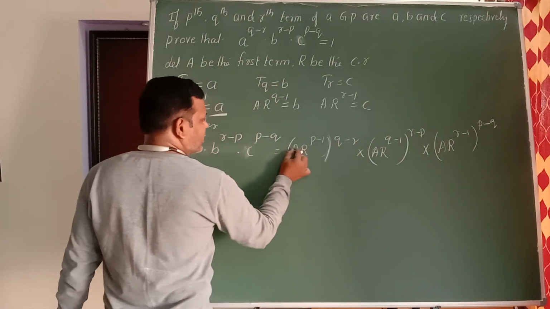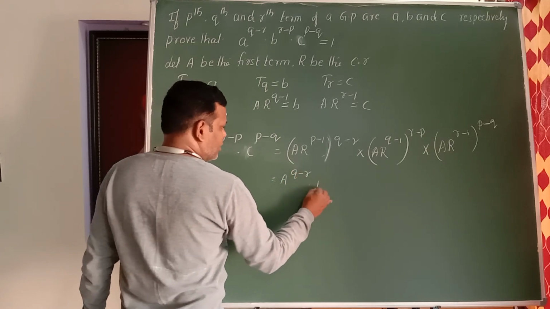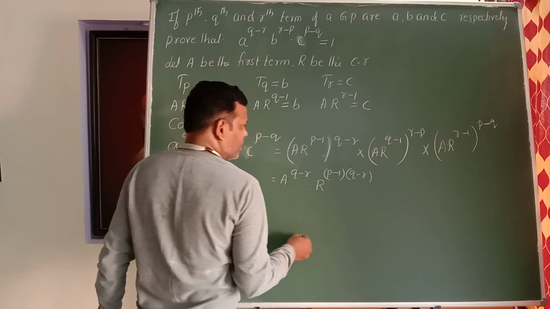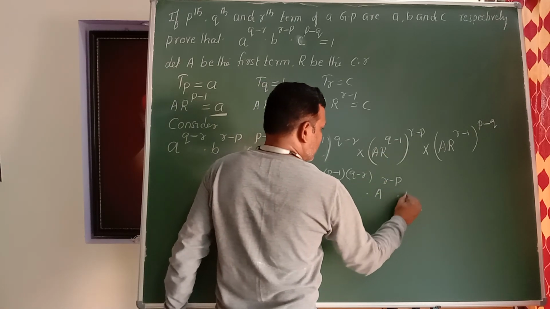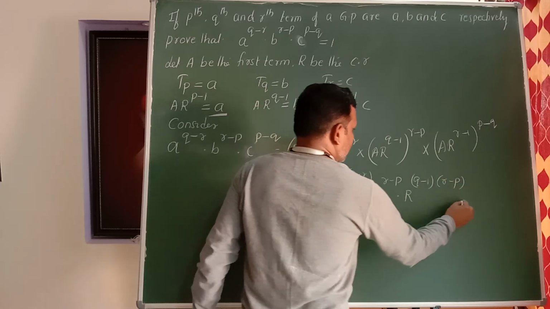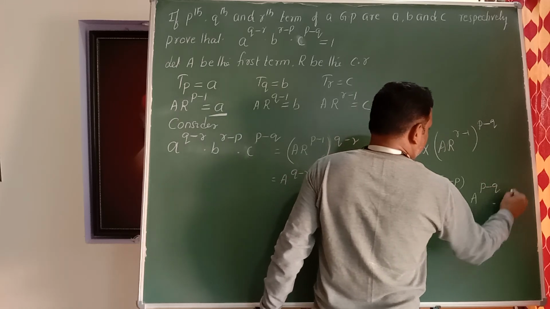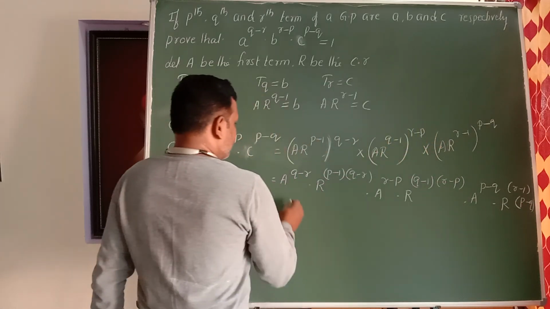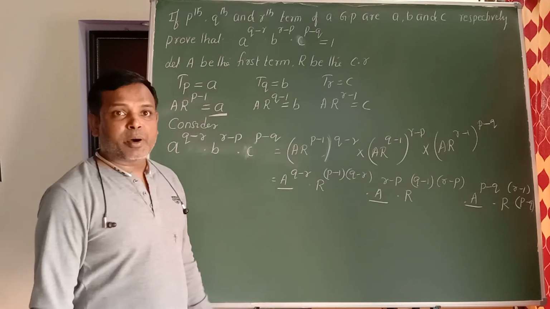Okay, now simplify this. The power Q minus R is applied to both of the things. That is equal to A power Q minus R into R power P minus 1 into Q minus R, into A power R minus P into R power Q minus 1 into R minus P, into A power P minus Q into R power R minus 1 into P minus Q. Just look at me here. This is the common term. When bases are the same, powers can be added.